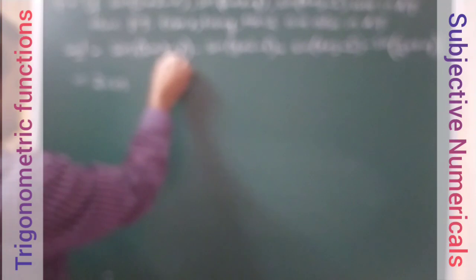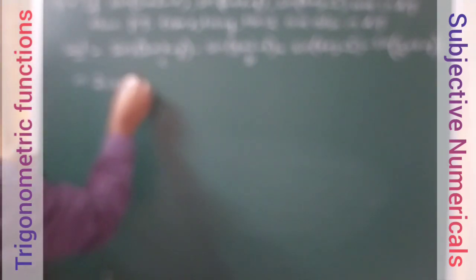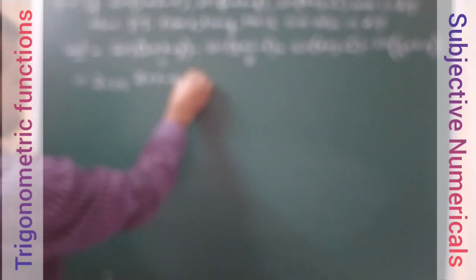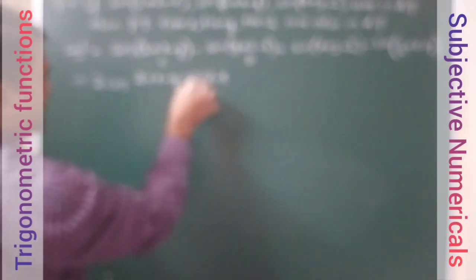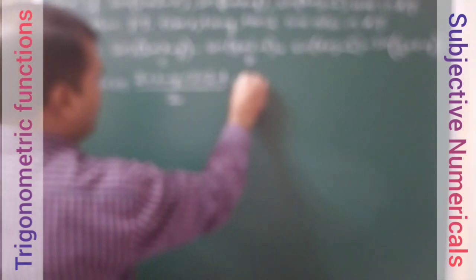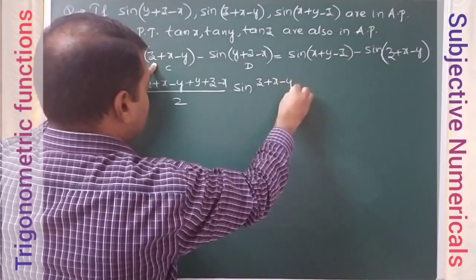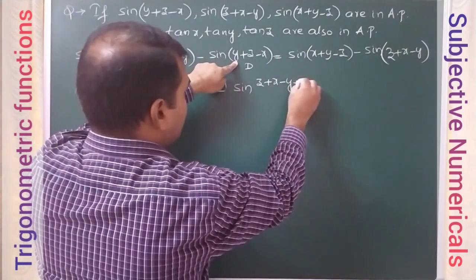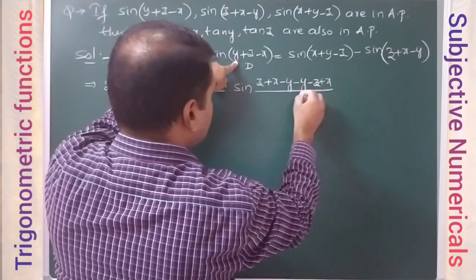So applying the formula here, treat this as C, treat this as D. Sin C minus sin D is 2 cos((C + D)/2), so this is C plus y + z − x, this is D, by 2. Similarly into sin((C − D)/2), that is, (z + x − y) minus (y + z − x) by 2.